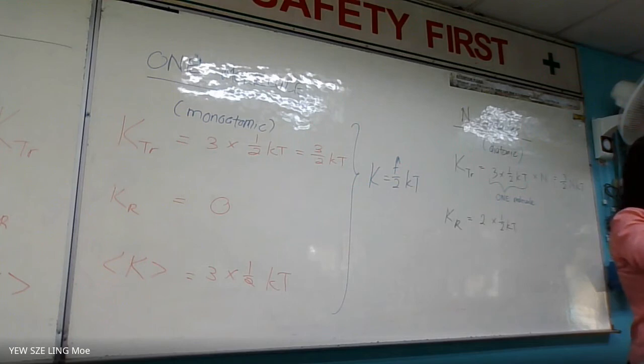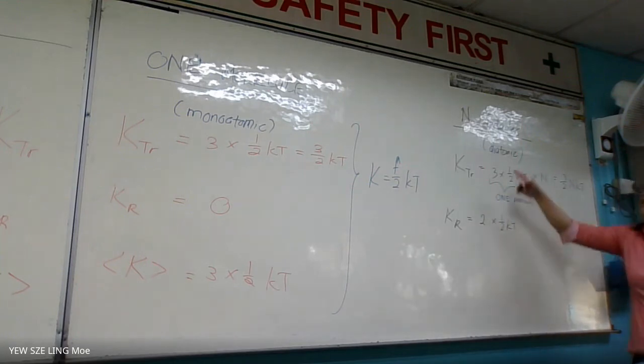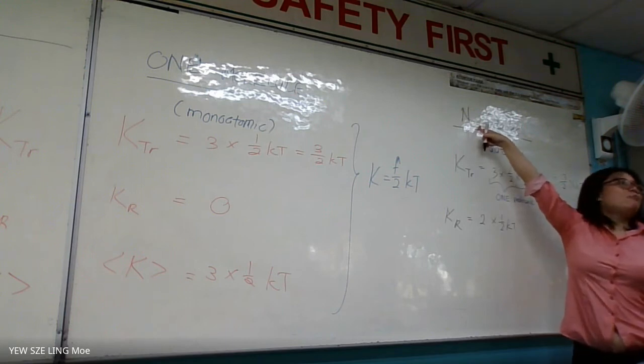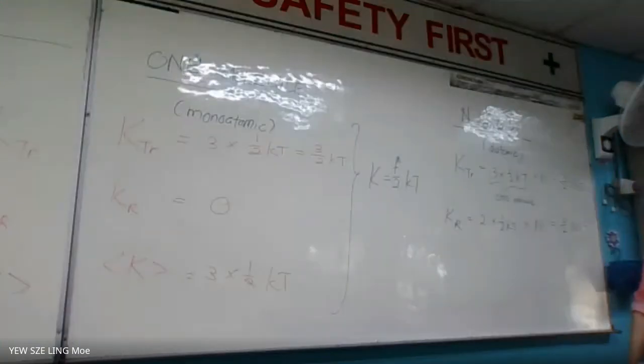If you have n molecules, then you just multiply by n. Then it equals 2/2 nKT. This is the rotational kinetic energy, just rotational.